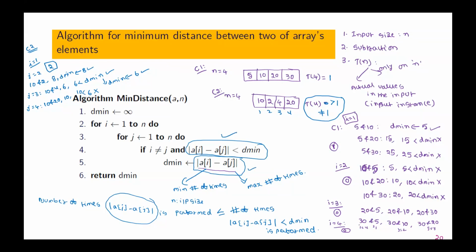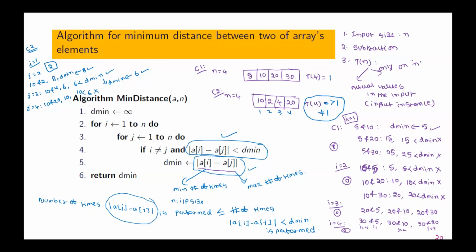So now which operation should we consider as the most important operation? The operation given in step 4 or 5? Step 4. Is that okay? Is that clear? If you have any doubt, please ask me.